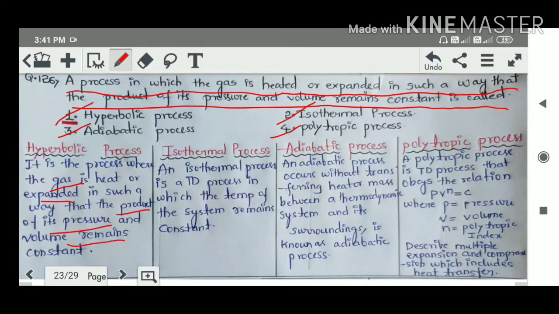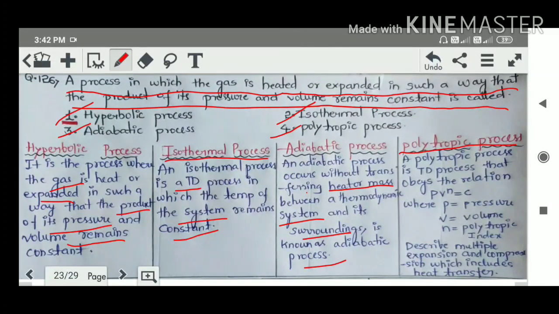Okay friends, the second one is isothermal process. An isothermal process is a thermodynamic process in which the temperature of the system remains constant. The third one is adiabatic process. An adiabatic process occurs without transferring heat or mass between a thermodynamic system and its surroundings. The fourth one is polytropic process.